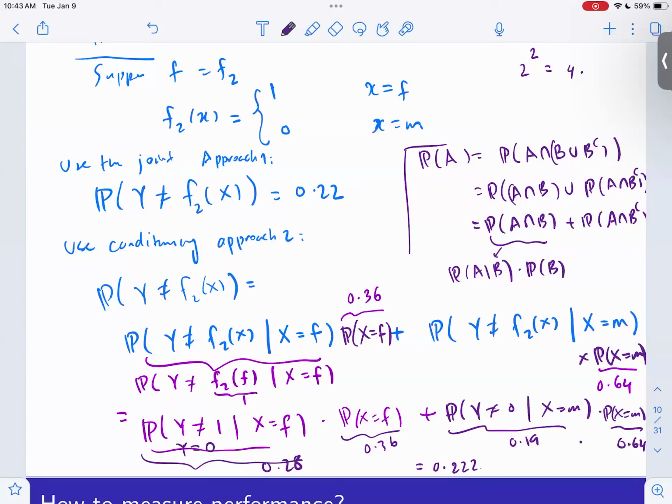The one decision that makes this smaller is the decision that's optimal for this. So in this case, I set y not equal to 0, calculate the value, then y not equal to 1, calculate the value, and pick the one that's smaller. The same goes here: plug in m, set this equal to 0, set this equal to 1, pick the one that's smaller. If you think about this, this is exactly what this rule is doing.